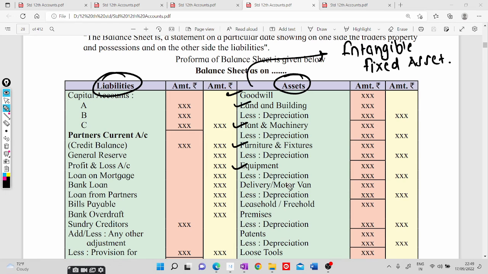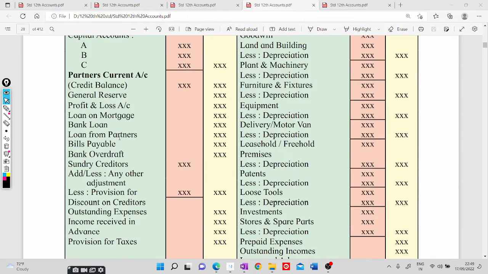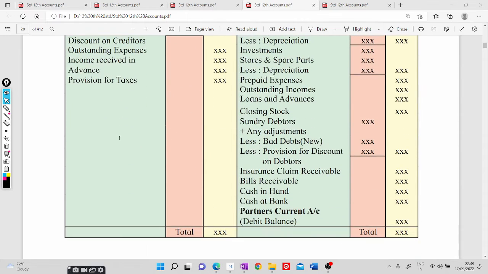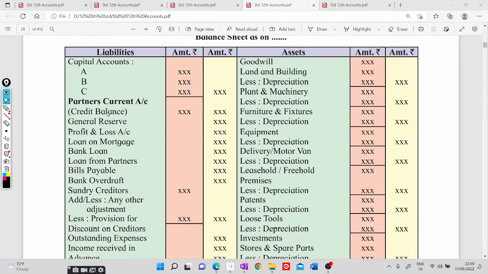Similarly, assets will also consist of current assets like closing stock, debtors, bills receivable, cash in hand, cash at bank, etc. So all the assets will appear in the balance sheet, and liabilities will consist of the capital accounts of the partners.